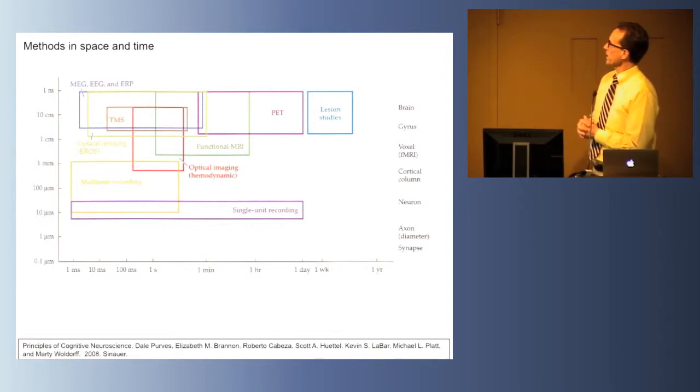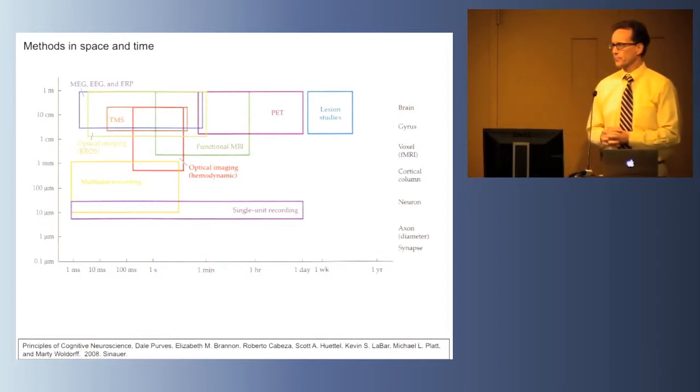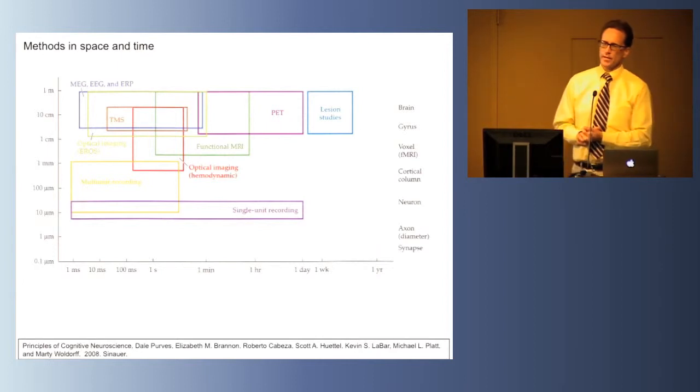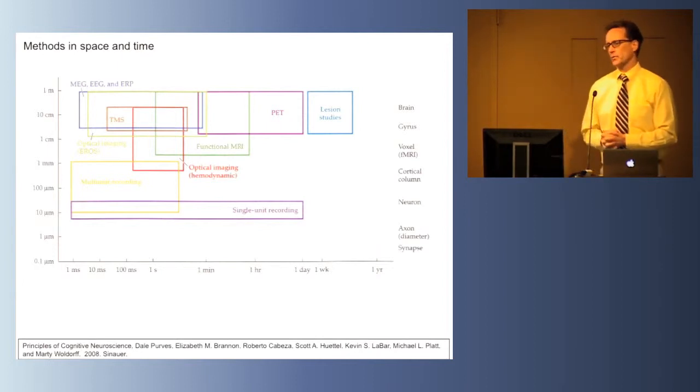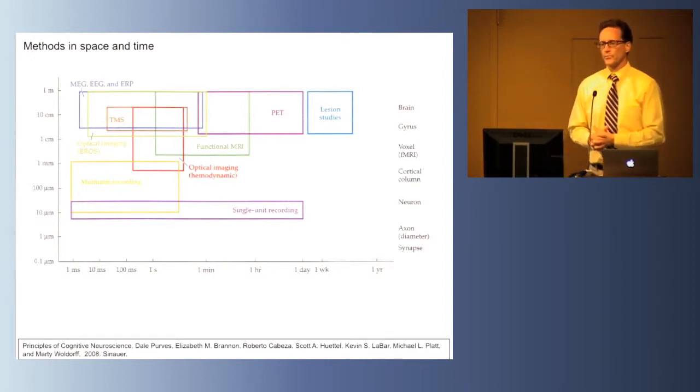Moving further to the left, we see a green box labeled functional MRI. This is functional magnetic resonance imaging. So it can operate on a slightly faster time scale than positron emission tomography or PET, and it can operate on a somewhat smaller spatial scale as well, coming down into the order of a few millimeters.